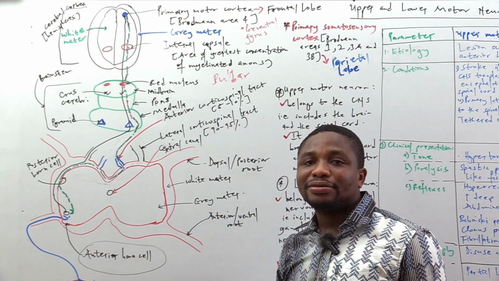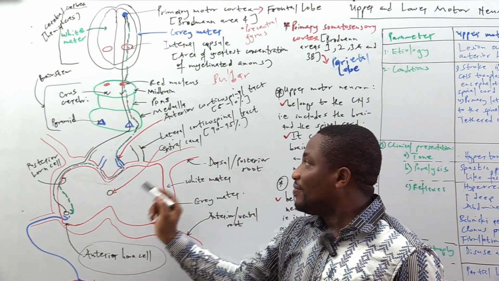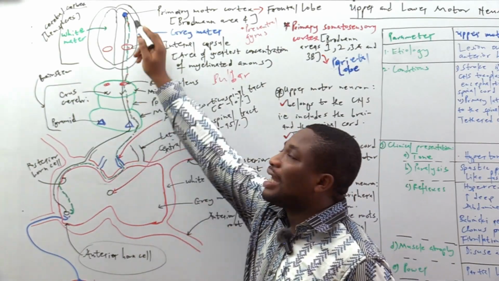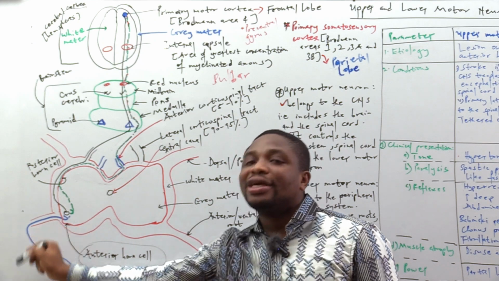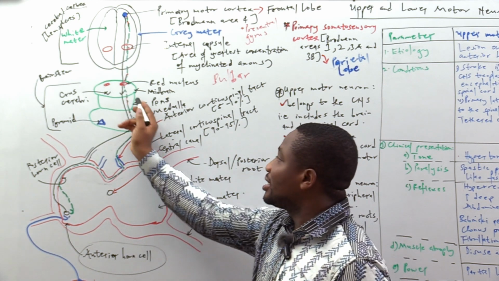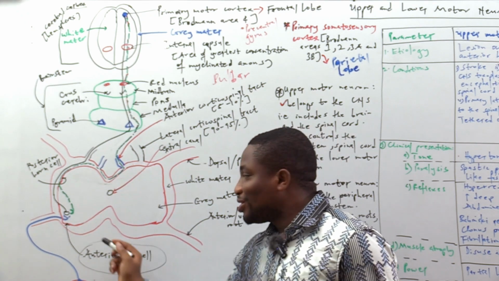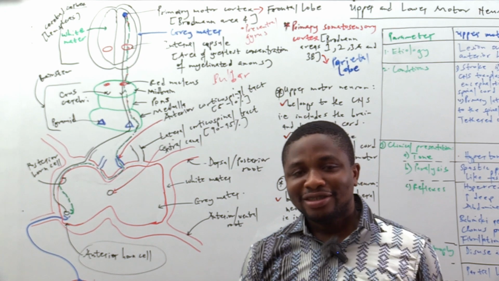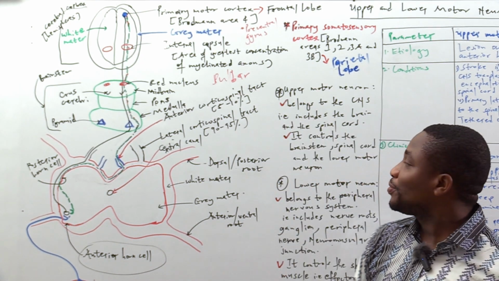That is the skeletal muscle. And if I'm saying the effector in another way, I mean that the upper motor neuron controls what? The lower motor neuron. So in short, the upper motor neuron controls the brainstem, the spinal cord, and the lower motor neuron. Interesting, right? Okay, let's move on.